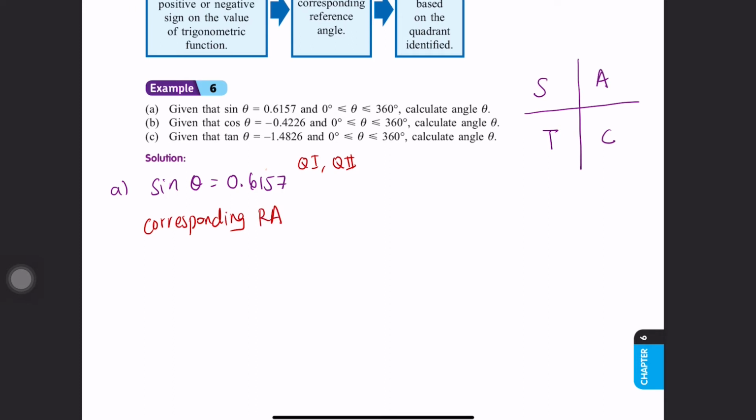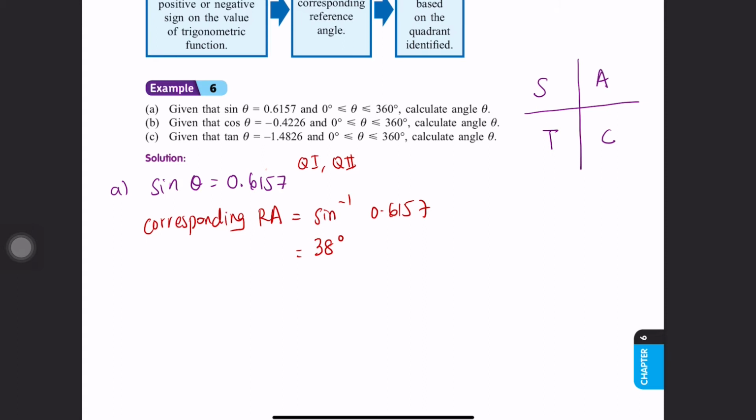So sine pindah ke sebelah, so sine inverse of 0.6157. So now press your calculator, shift sine 0.6157. Okay, so you will get 38 degrees.